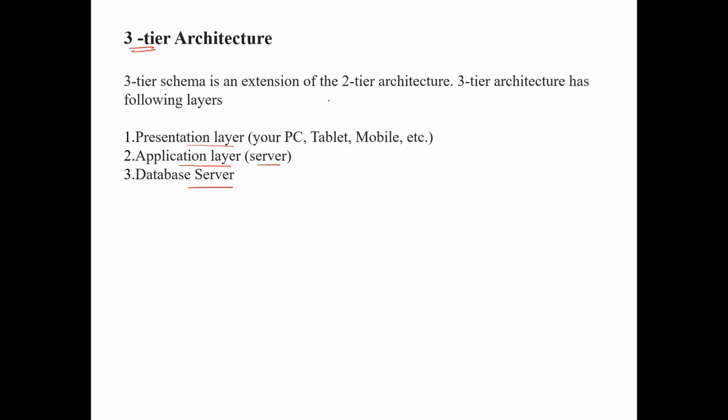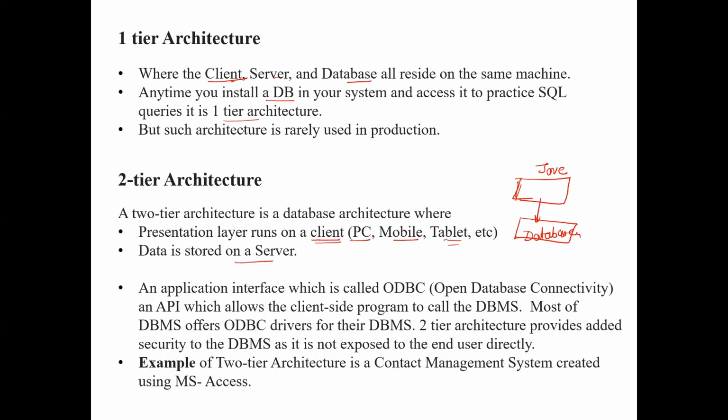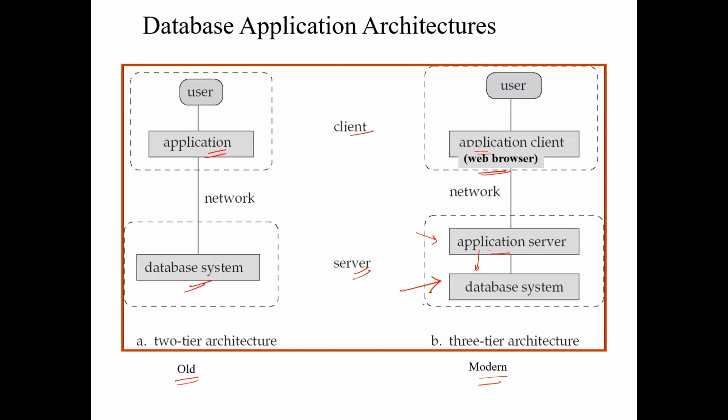Through the application layer, data is accessed from the database system. At the client side, the client has an internet web browser, and then through the application server, it accesses the data from the database system.